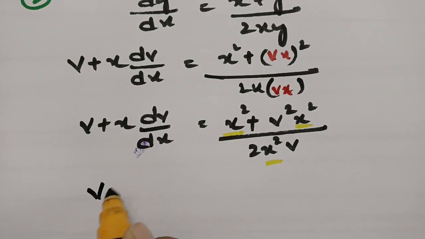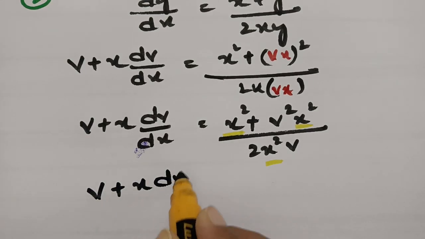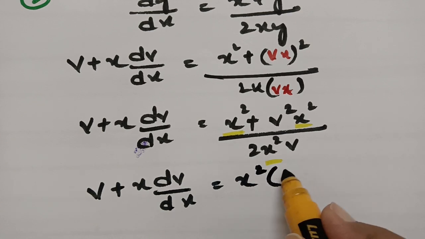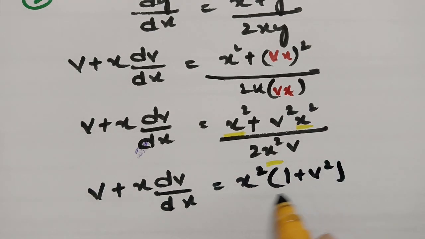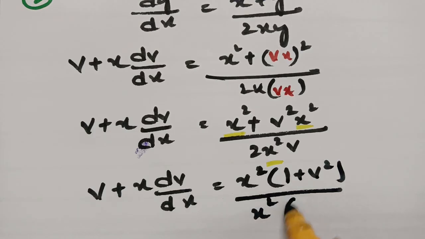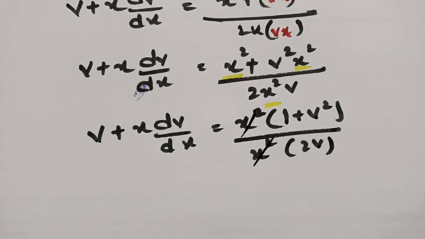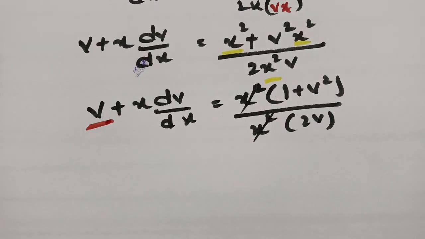The next step here is v plus x into dv by dx. If I take x square common, then this will be 1 plus v square by, here if I take x square common, this will be 2v. So if I cancel these two, and again if I send this plus v to the other side, see what happens here.